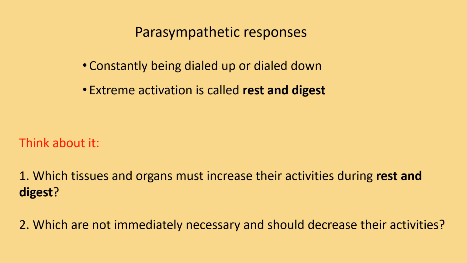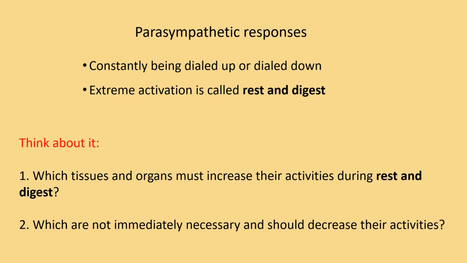So now, under these circumstances, much different circumstances, right? Which tissues and organs should increase their activities? Well, everything dedicated to digestion, yes? So there will be an increase in blood flow to the organs of your GI tract. There'll be an increase in the secretion of glands that are in the wall of your stomach, for example.